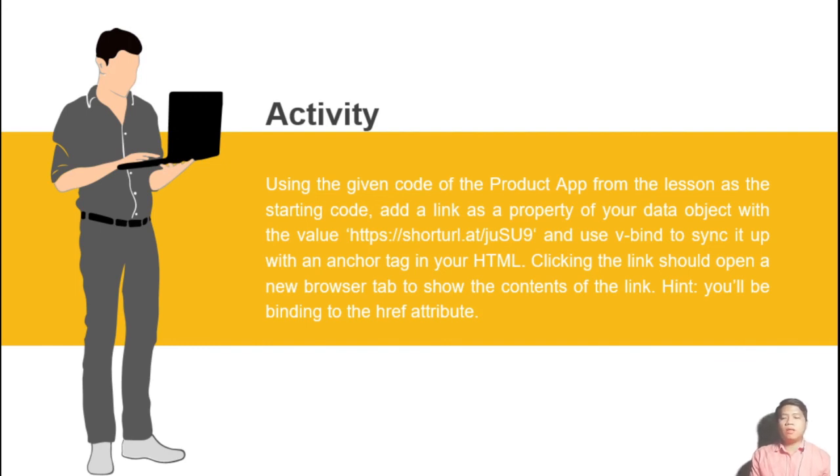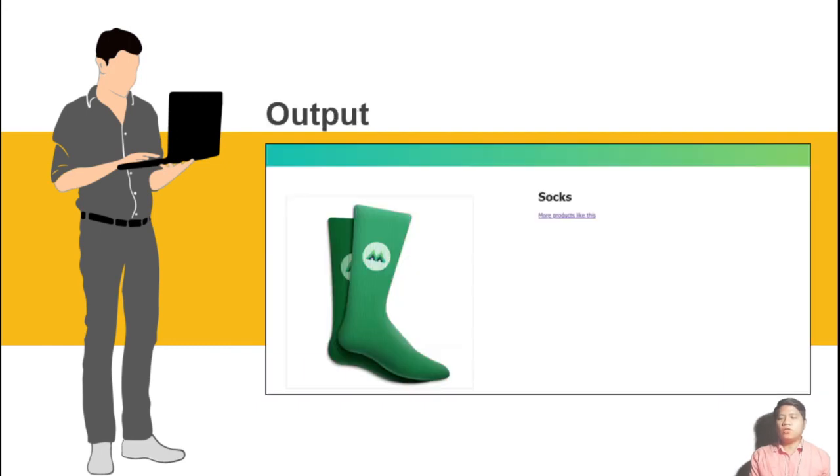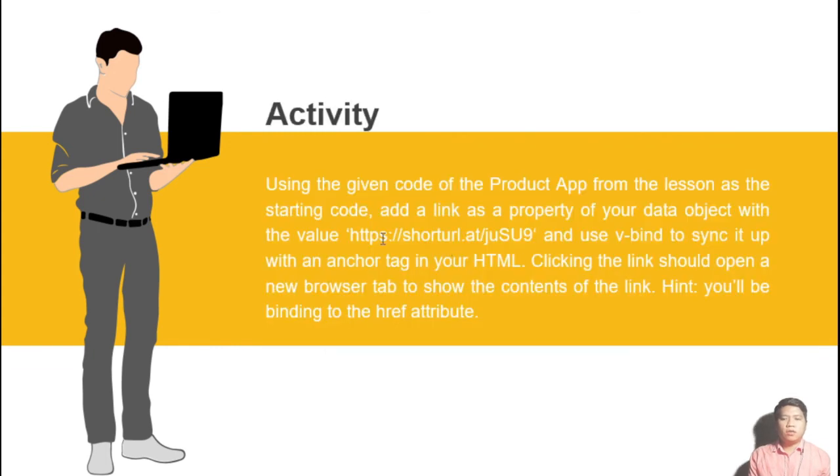Hint, you'll be binding to the href attribute. So this should be your output. We will just add to the code from earlier, and this will be the additional text, which is a link to the given URL.